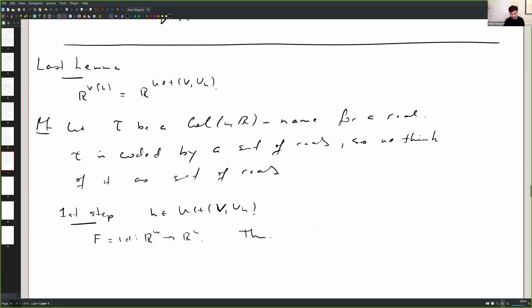Then what is the identity function relative to UH? Then we claim this is the same as H, right?